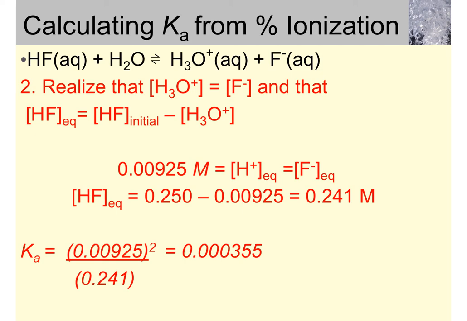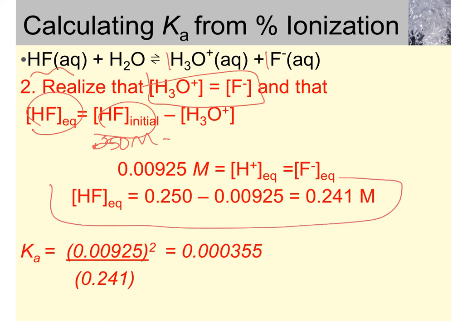Once we have the concentration of hydronium ion, realize that that also equals the concentration of the conjugate base because they're formed in a 1-to-1 ratio, and that the equilibrium concentration of hydrogen fluoride is the initial concentration, which they told us was 0.250 molar, minus the concentration of hydronium ion you just found.